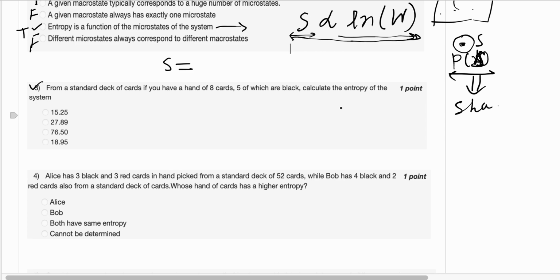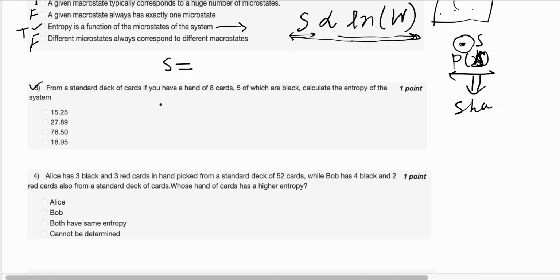Now here we have to calculate this entropy. Here entropy means our Boltzmann entropy or Shannon entropy. So here we will calculate the Boltzmann entropy. For the standard deck of cards, if you have 8 cards, 5 of which are black, calculate the entropy.